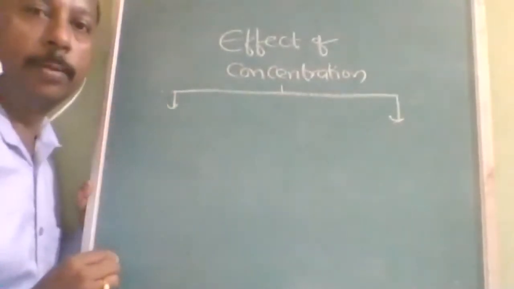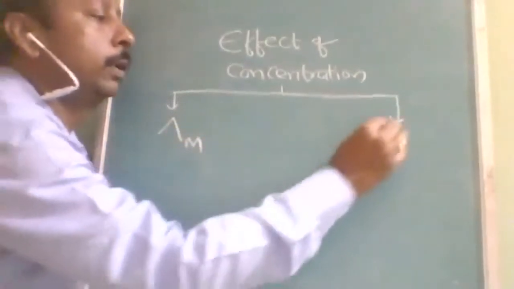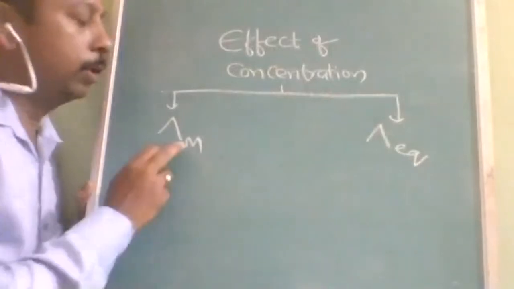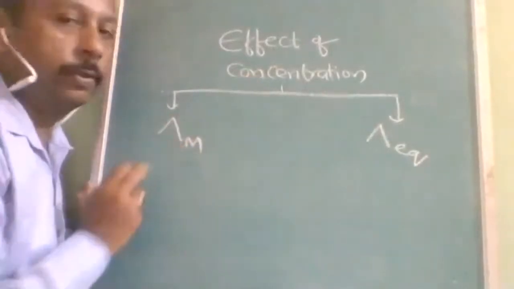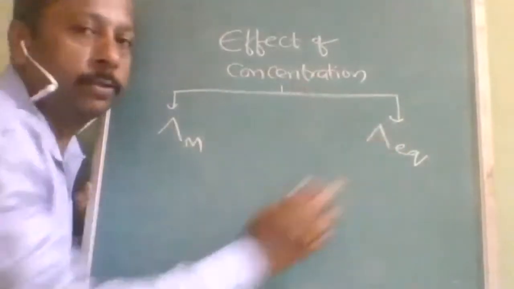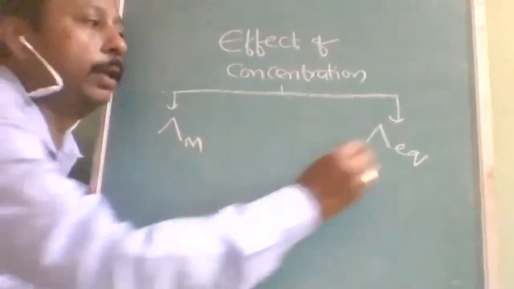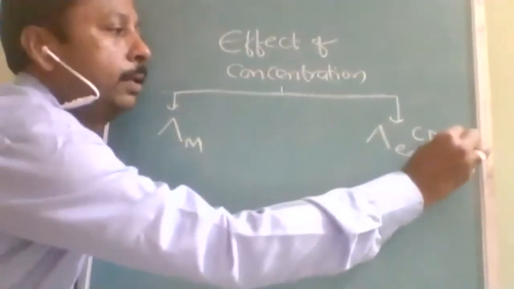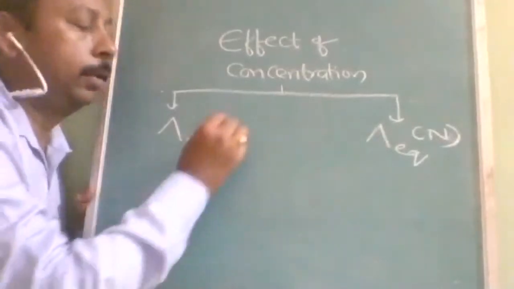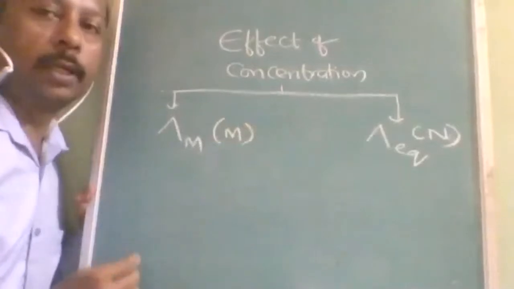The first one is molar conductivity, the second one is equivalent conductivity. For molar conductivity, concentration should be in molarity, and for equivalent conductivity, concentration should be in normality. When concentration is expressed in molarity, we use molar conductivity.